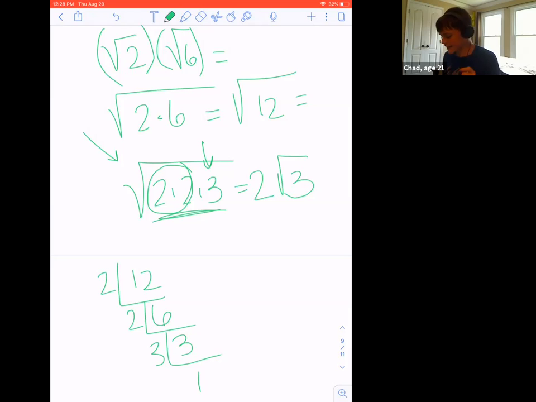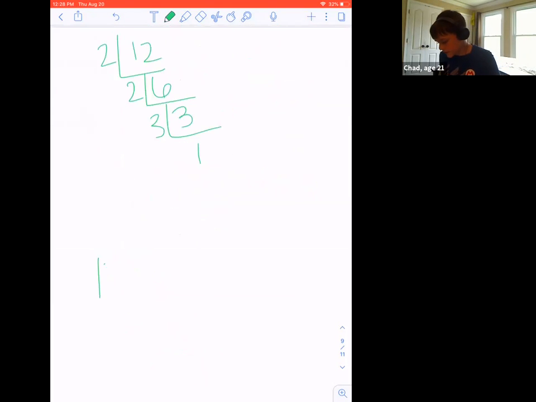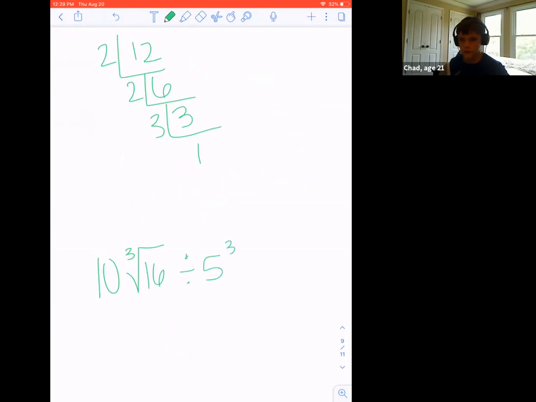So it's 10 times the cubed root of 16 divided by, or any kind of symbol, 5 times the cubed root of 4.